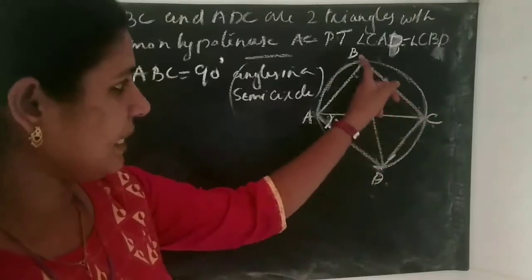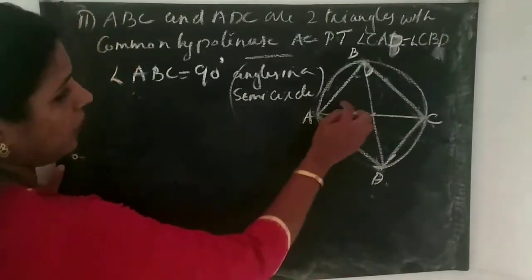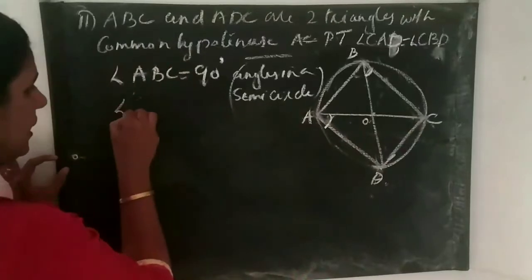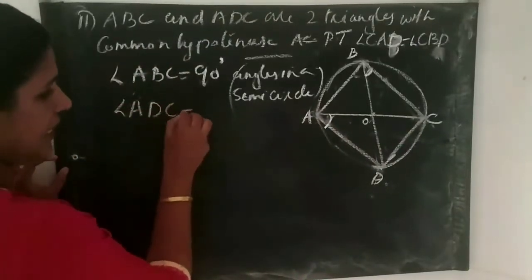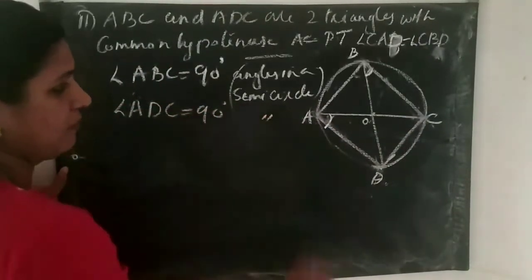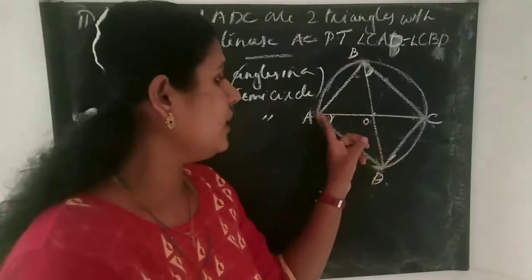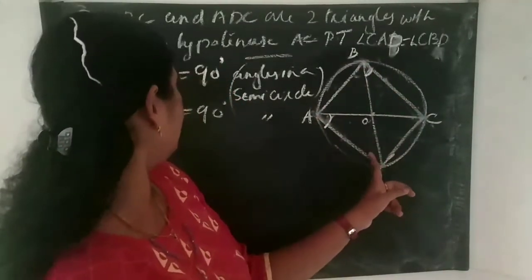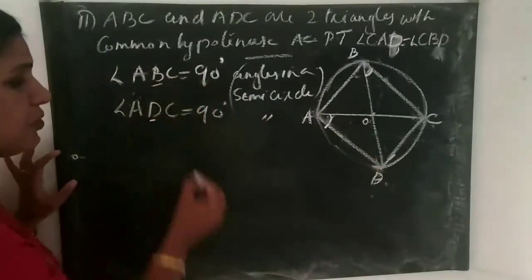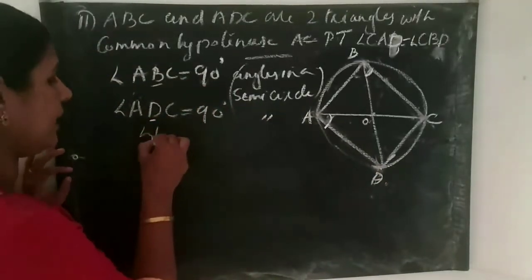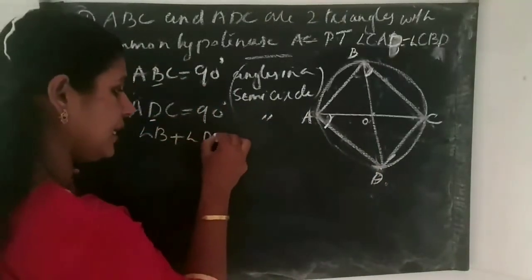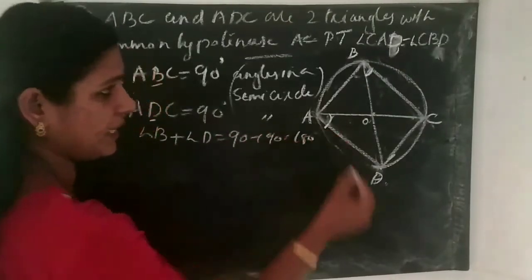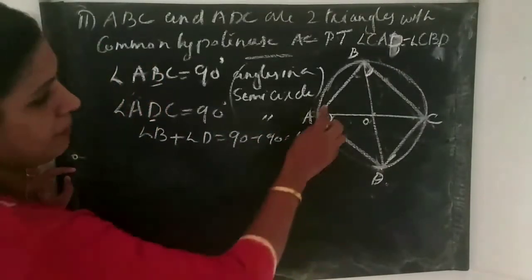CAD and CBD. Okay. So angle ABC equals 90 degrees and angle ADC equals 90 degrees because of angles in a semicircle. So angle B equals 90 degrees, and now we get angle D equals 90 degrees. So angle B plus angle D equals 90 plus 90 equals 180 degrees.